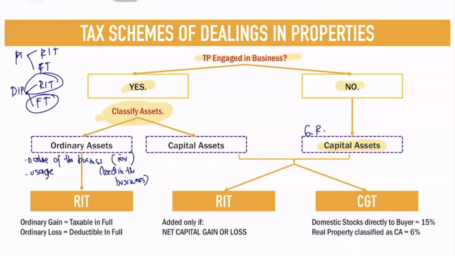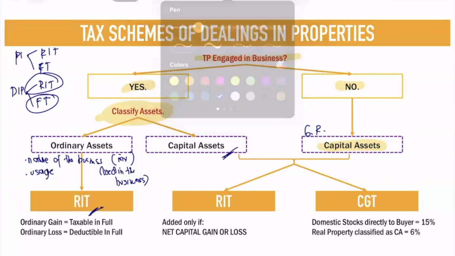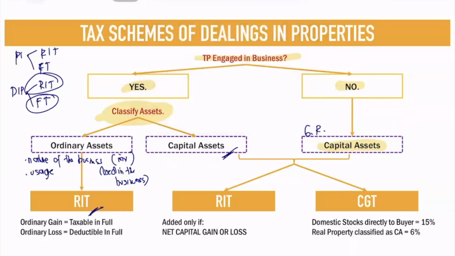So let's say, for example, you have a land and that land is used as the ground for the operations of the business. Therefore, it is used in the business. It is considered as ordinary asset. So if ever it is an ordinary asset, then it is subject to RIT. But if it's a capital asset, then you determine whether it is subject to RIT or CGT.